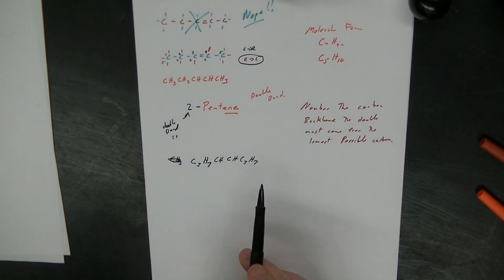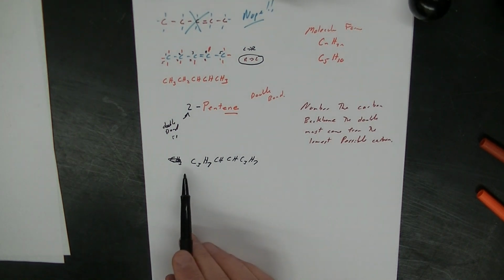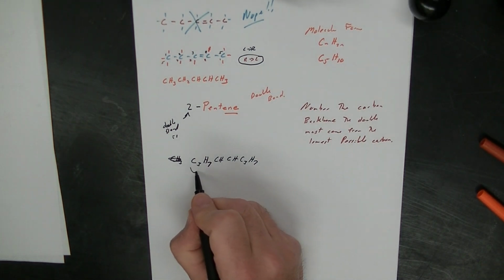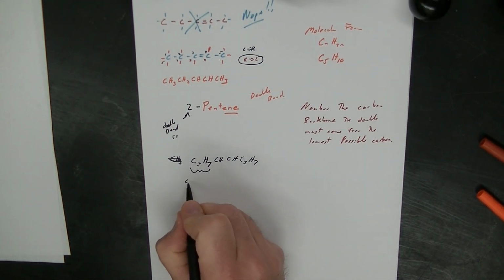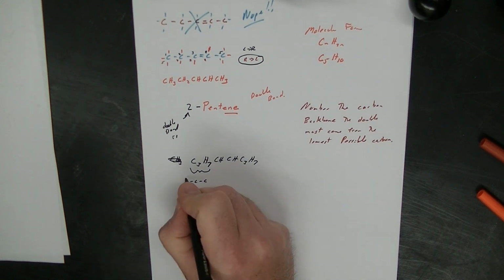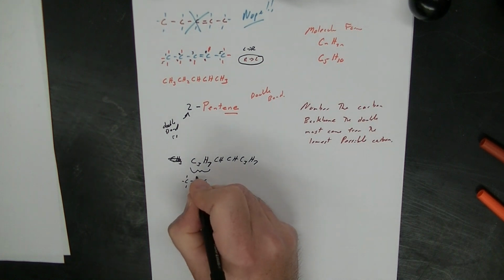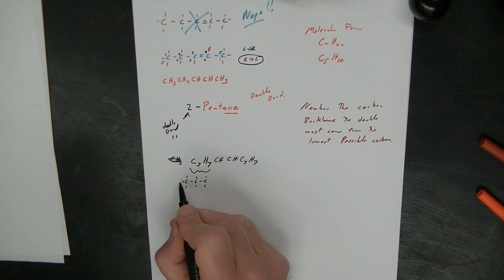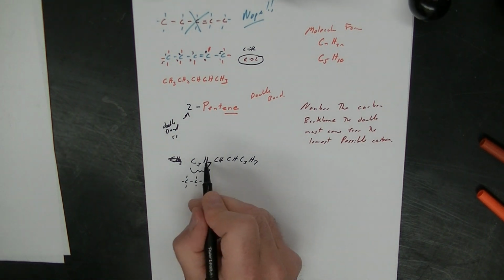The first thing I would do is come up with the structural formula. So remember what this means. It means 3 carbons in a row with our 7 hydrogens. So we got 1, 2, 3, and we got 1, 2, 3, 4, 5, 6, 7. That's what this means.